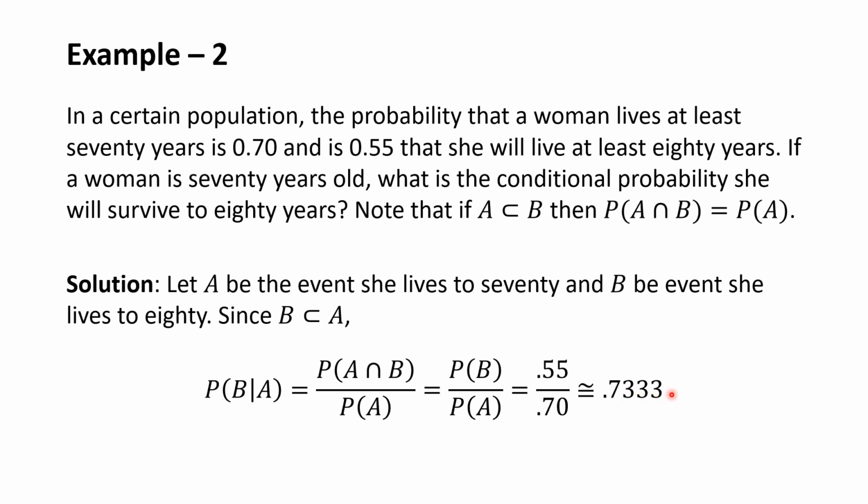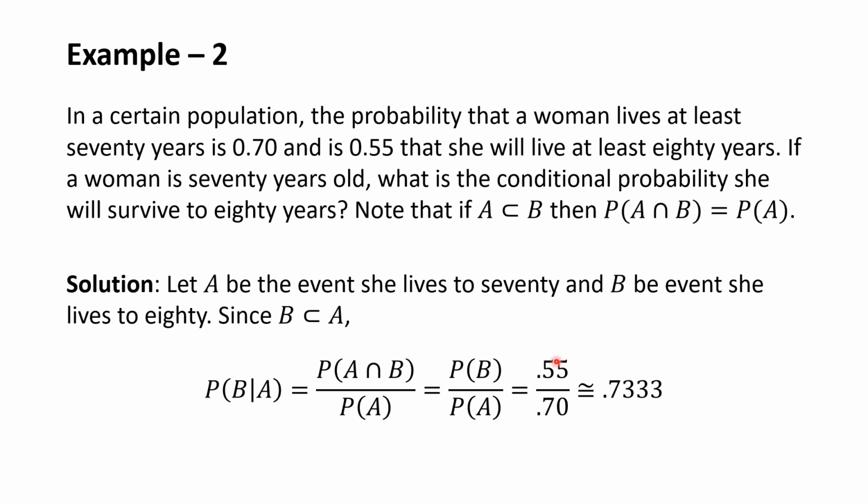It's a continued decimal, but roughly 0.73. So it's up a little bit higher than the probability of living to 70, because we already know she's gotten that far, and there's a certain probability of living to 80, so this is the number.